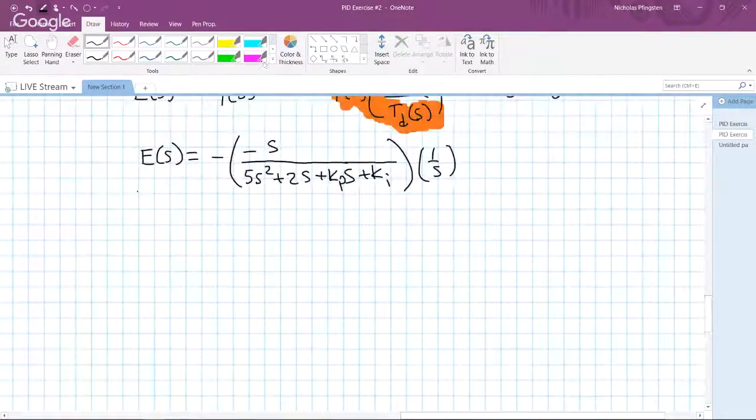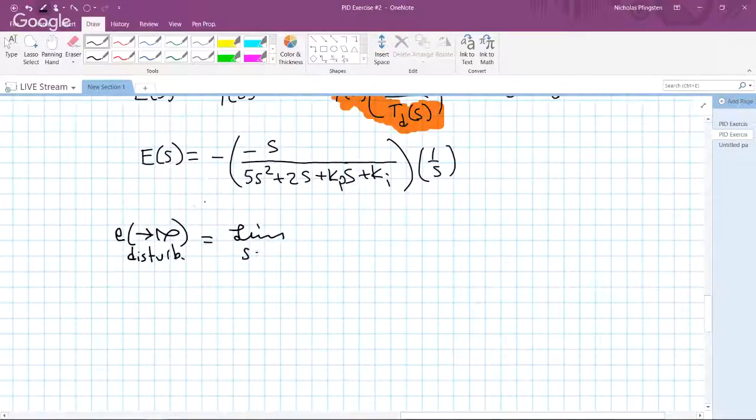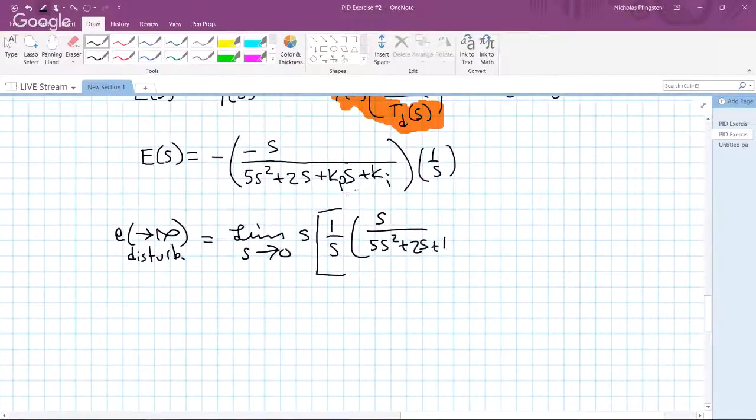So now we're going to plug this into the limit of E as s approaches infinity for the disturbance. Well, it's going to be s times 1 over s, and s times 5s squared plus 2s plus kp of s plus ki.